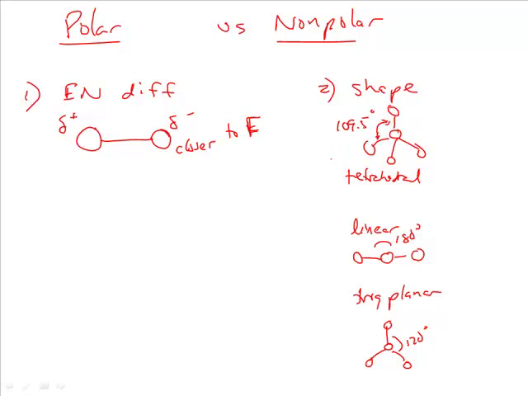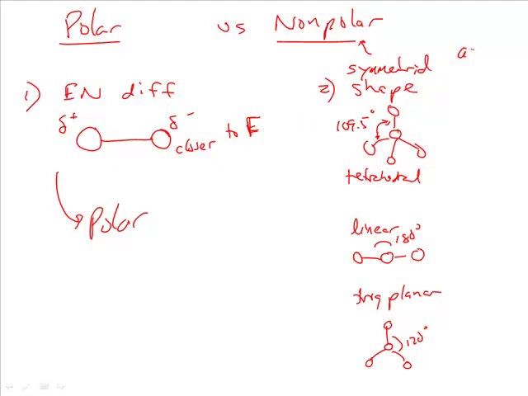For polarity, if you have something that is different elements, it will usually be polar. So different elements makes it polar, except if the dipoles cancel. So in a tetrahedral shape, if everything around the central atom is the same, if it's symmetrical, then it can be nonpolar.